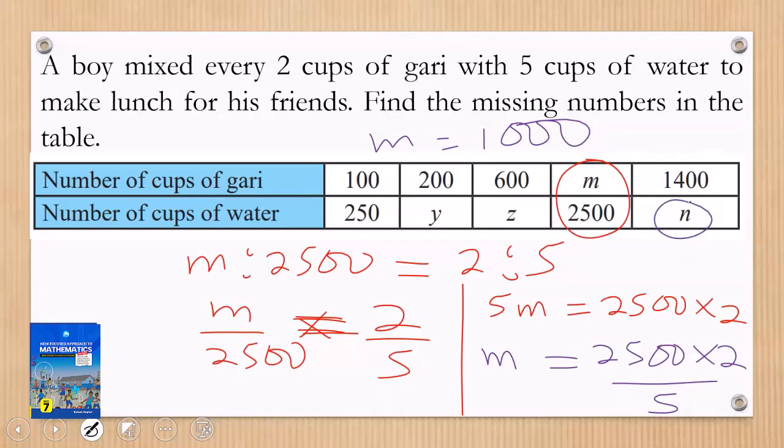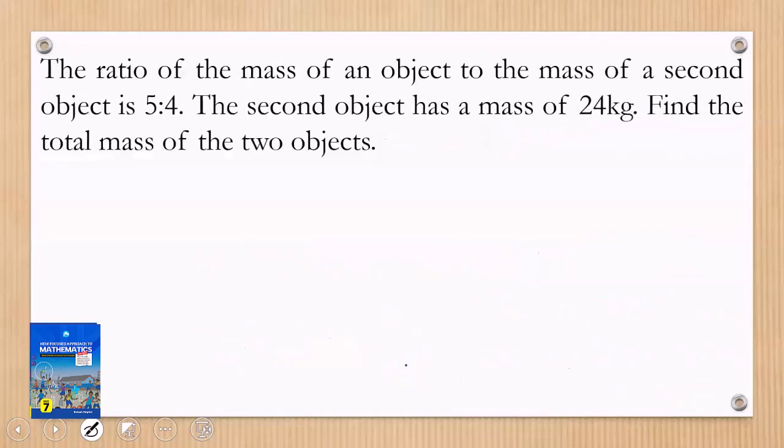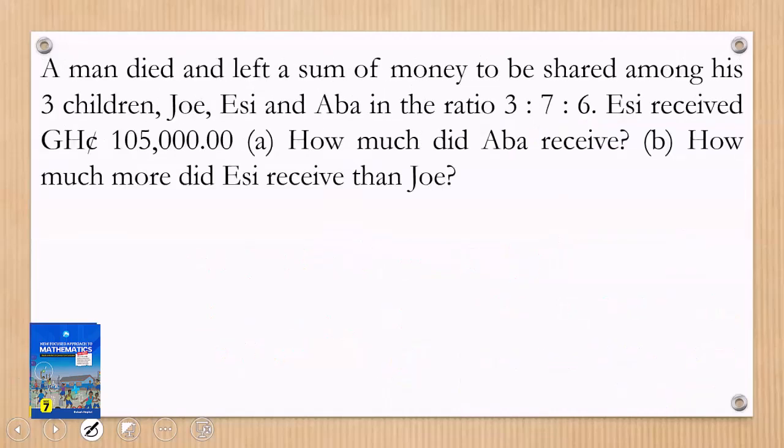Whilst we take the last example under this. A man died and left a sum of money to be shared among his 3 children. The children are Joe, so let me use J for Joe, E for AC, and A for Abba, in the ratio of 3:7:6.